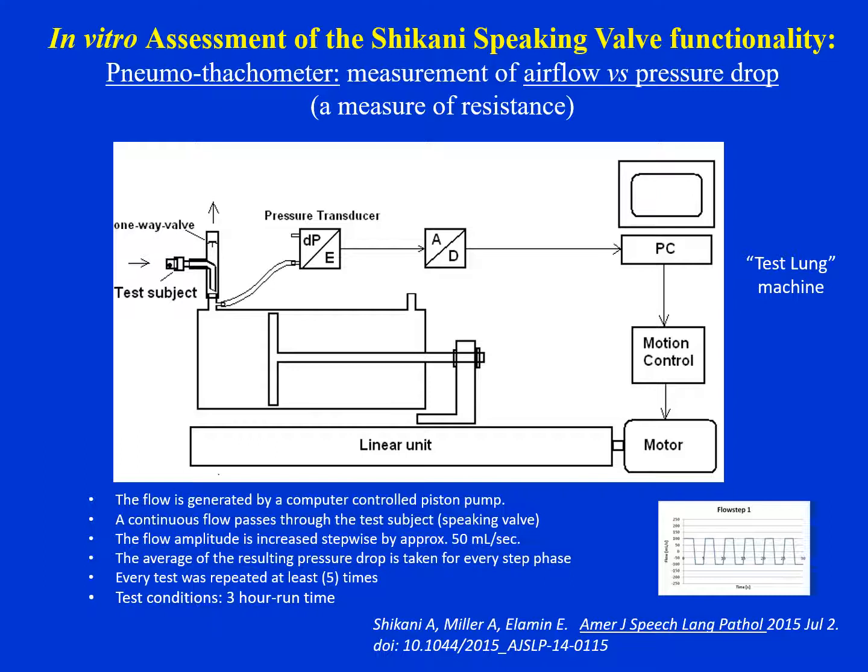The piston simulates inhalation when it moves to the right and simulates exhalation when it moves to the left. The test subject is the speaking valve, and the pressure transducer measures the subglottic pressure. The study was published in the American Journal of Speech-Language Pathology in 2015.